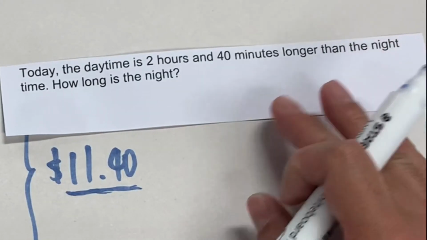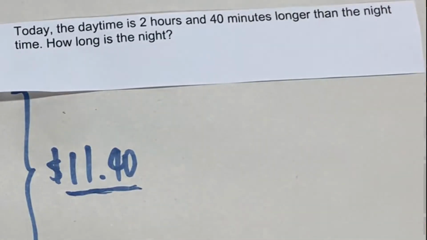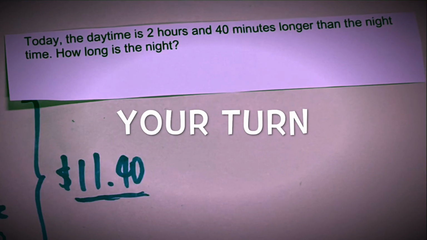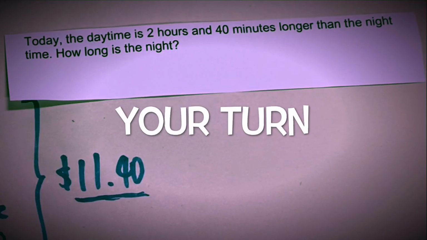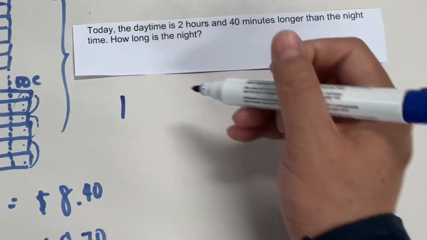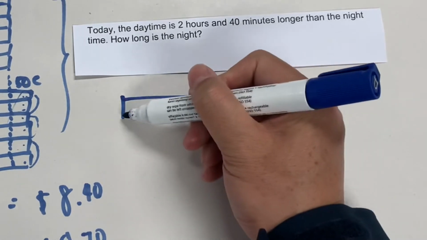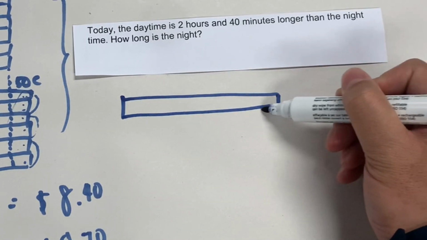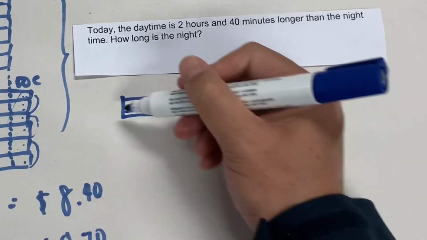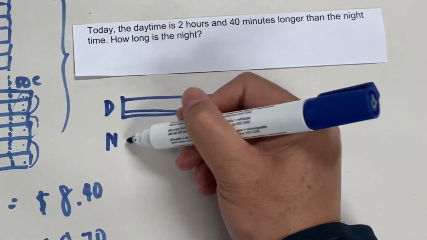So this is the last question. This time it's about time. So I'm going to pause the video, see if you can do this. You may be able to do this easily now. So this is the daytime. This is nighttime.